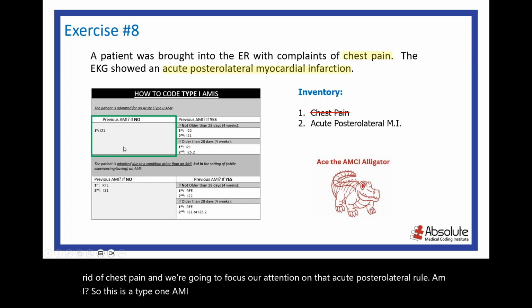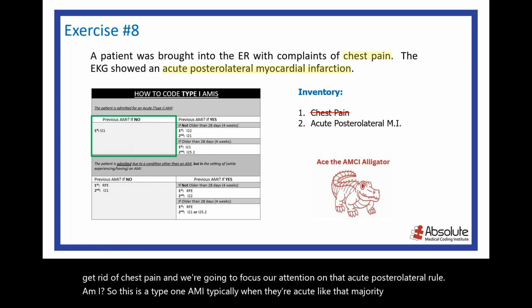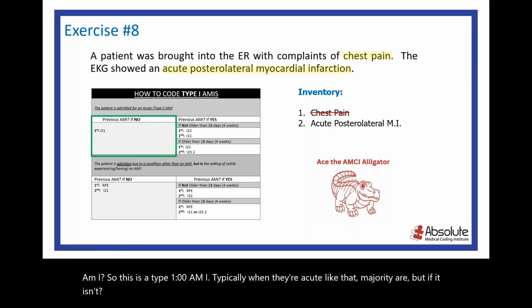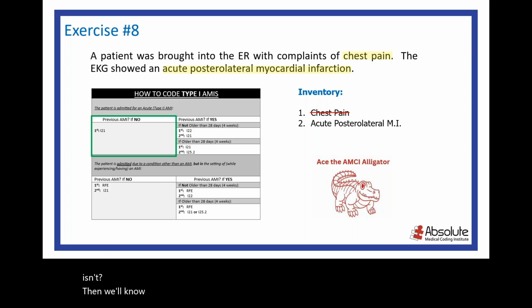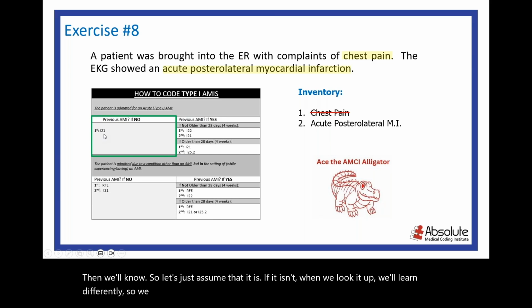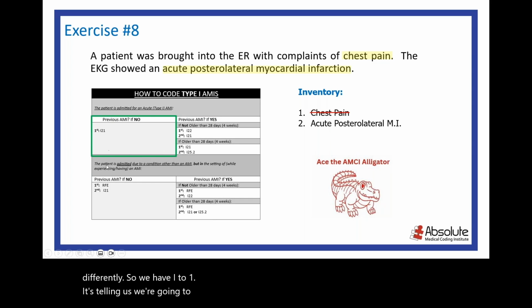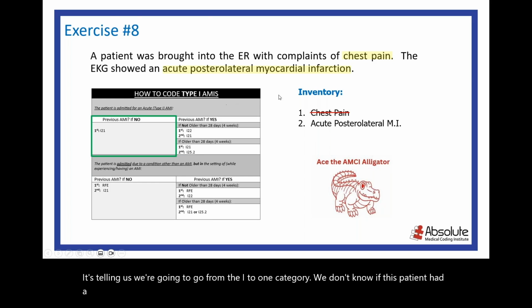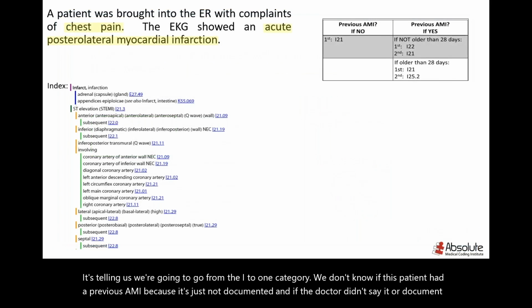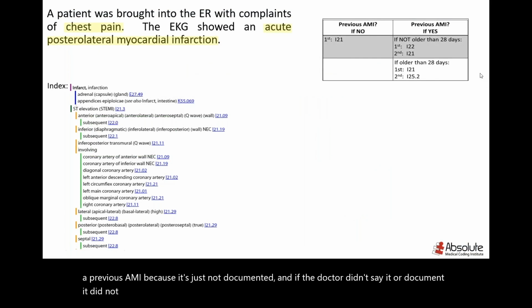Typically when they're acute like that, the majority are, but if it isn't, when we look it up, we'll learn differently. So we have I21. We don't know if this patient had a previous AMI because it's just not documented. And if the doctor didn't document it, it did not happen for this exam.